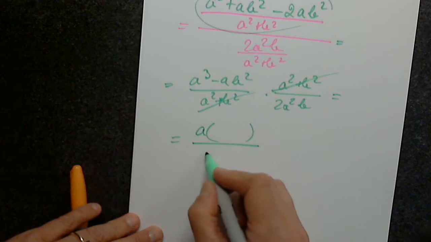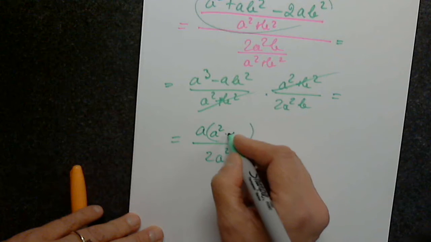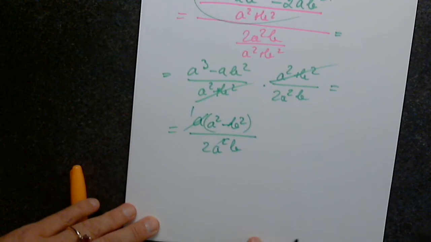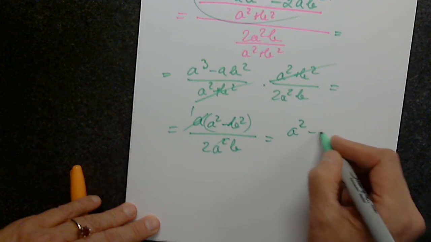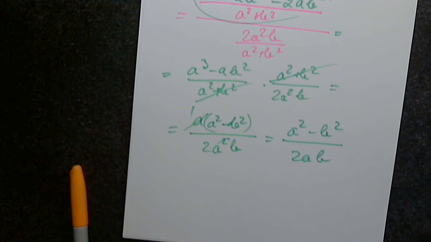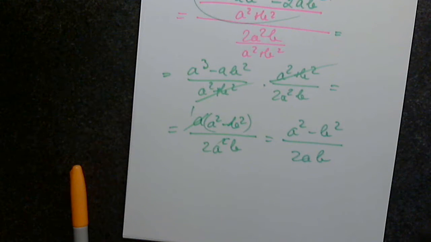What is left in parentheses? A squared minus b squared. And I will simplify one of these a's. So I got a squared minus b squared over 2ab. When I replace in the second derivative x and y from B, what should I get? Negative 2ab over?